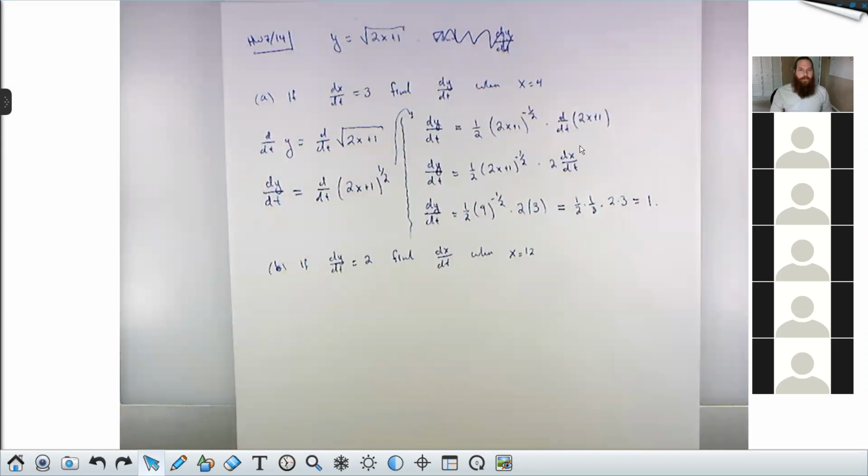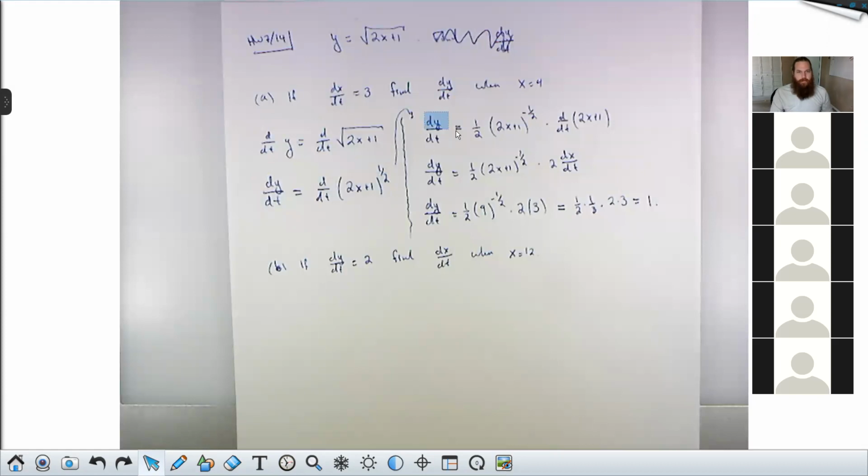So I think the hard part here is getting to this step. So take a look at the work we did. Here I just applied d dt to both sides. Here I just rewrote the square root as the 1/2 power. And I rewrote the left-hand side as dy dt because d dt of y is dy dt.